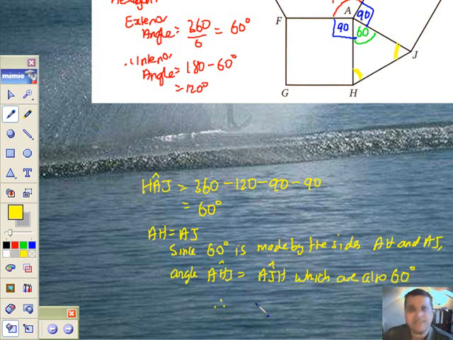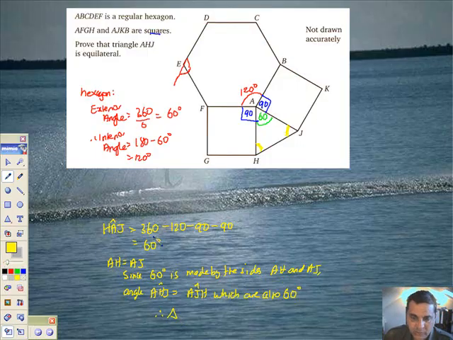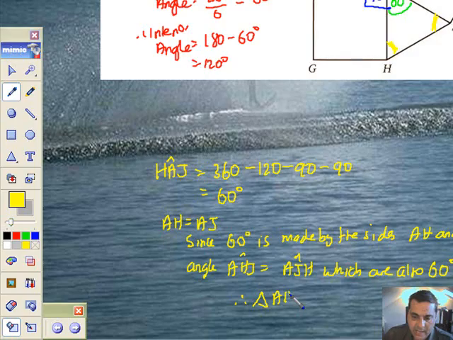Therefore, if I've got three 60s, I've got an equilateral triangle. Therefore, triangle AHJ is equilateral.